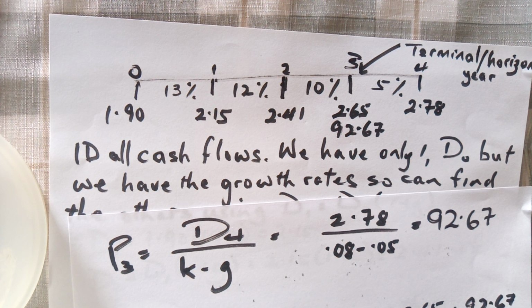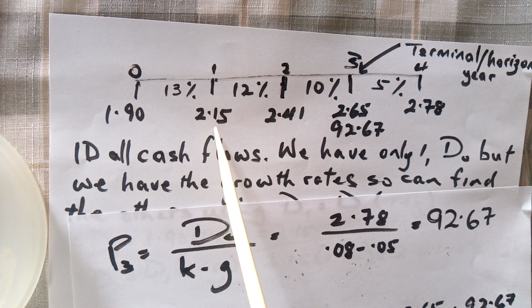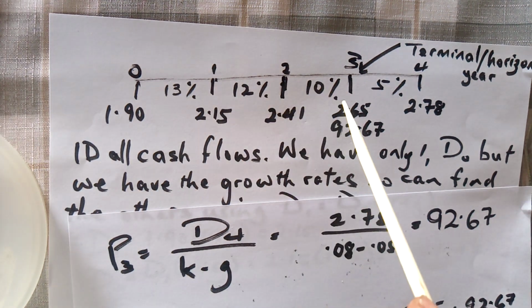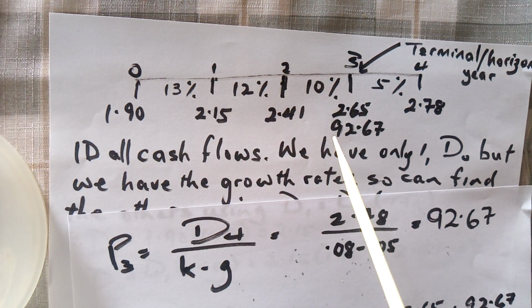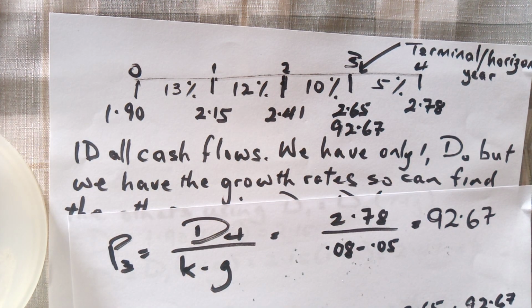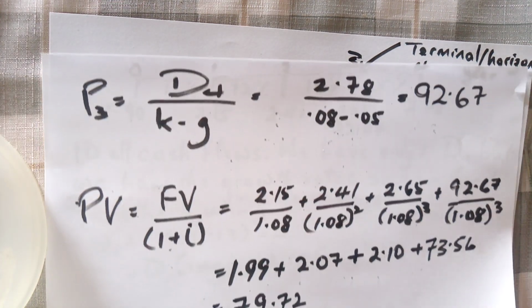That way, by using the constant growth concept and equation, we have identified all the cash flows. So we have cash flow 1, cash flow 2, cash flow 3, and in the terminal value, all cash flows after year 3. So we have identified all of them. That's the first step in the model.